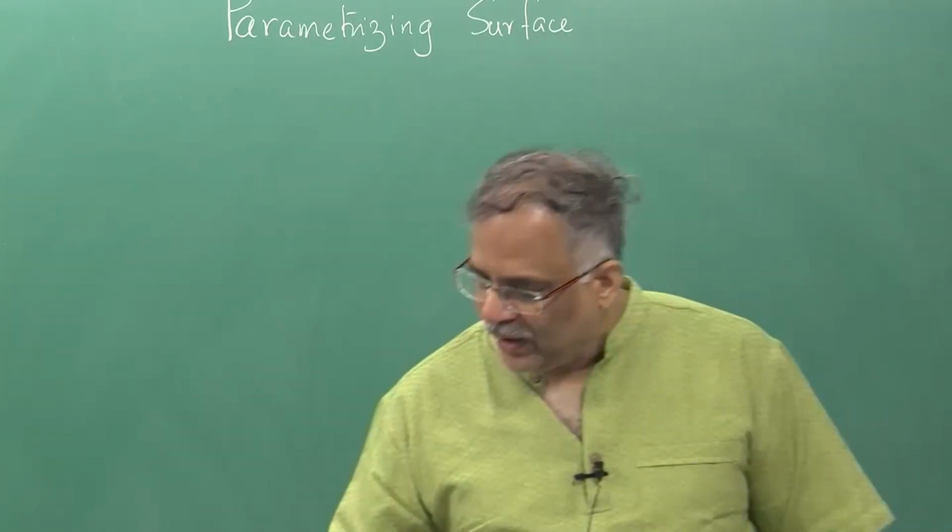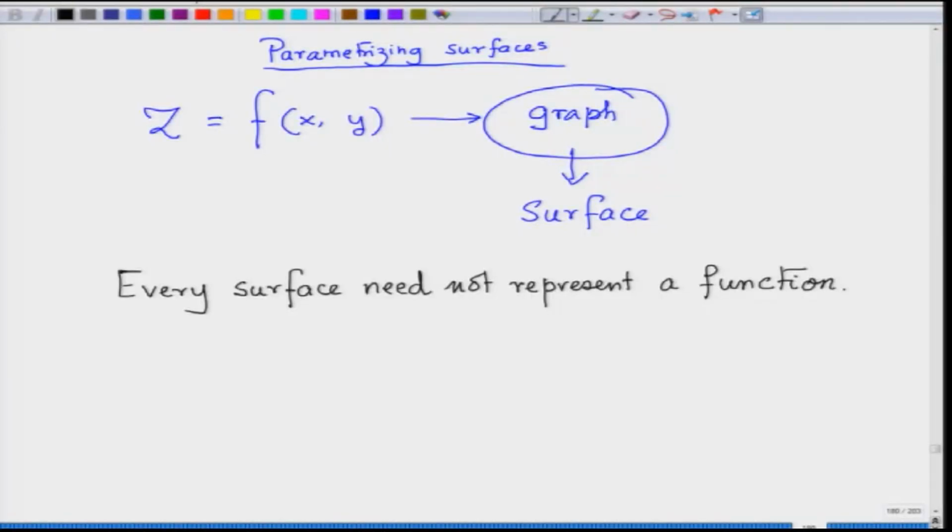So now we will define what is called a parametrized surface. Our aim is to define the notion of a parametrized surface. For this we will go to the next page.